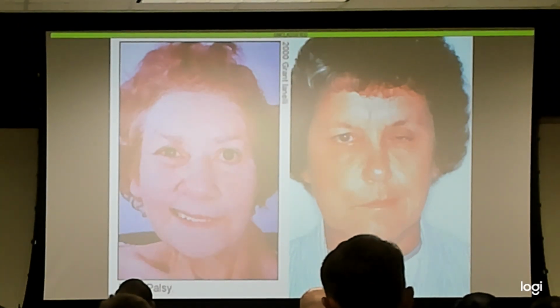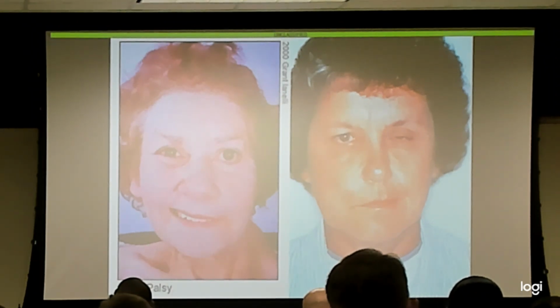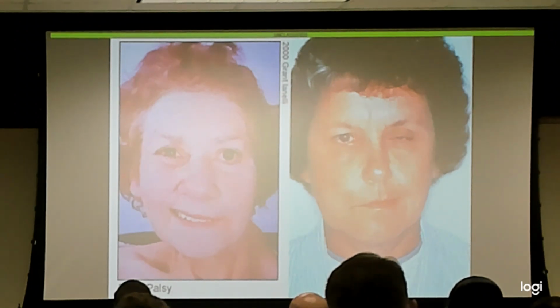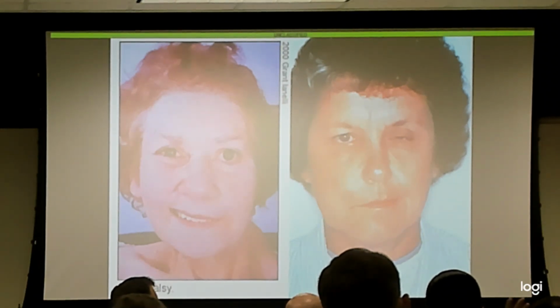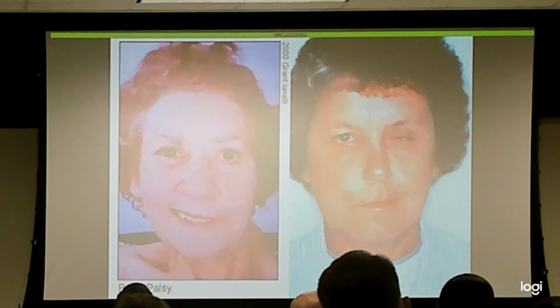Okay, so let's play a game. If you look at the lady on the right, how many people think that she has palsy on the right side? How many people think she has palsy on the left side? Half the people don't want to answer. When we look at palsy, do you remember your cranial nerve check?